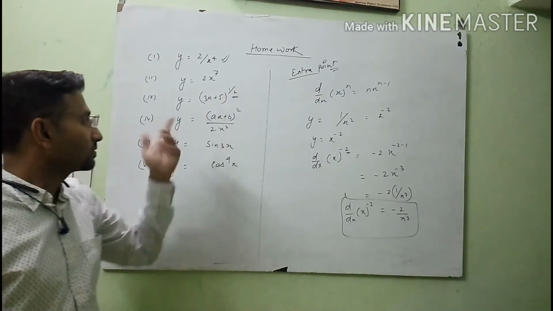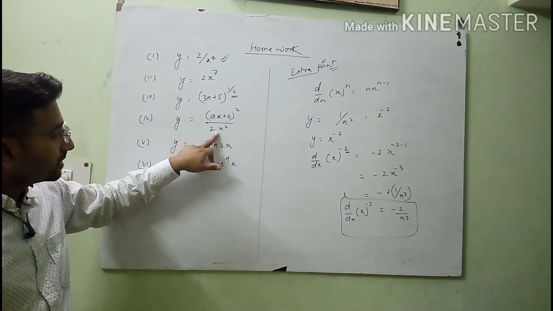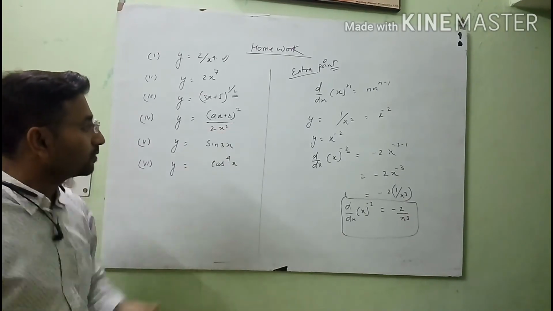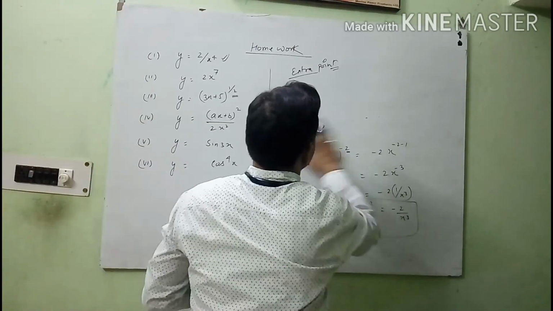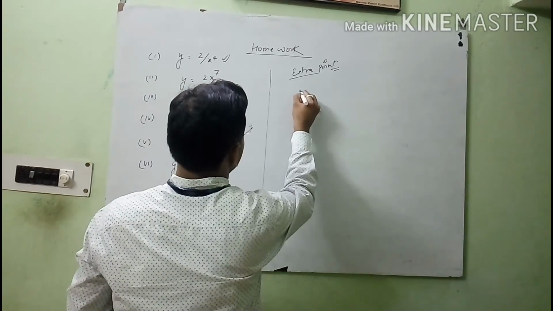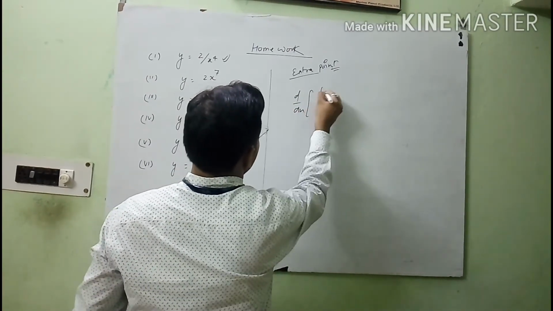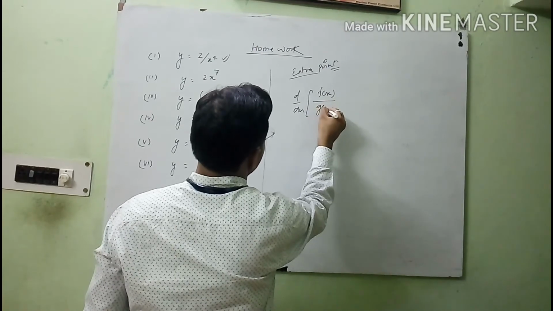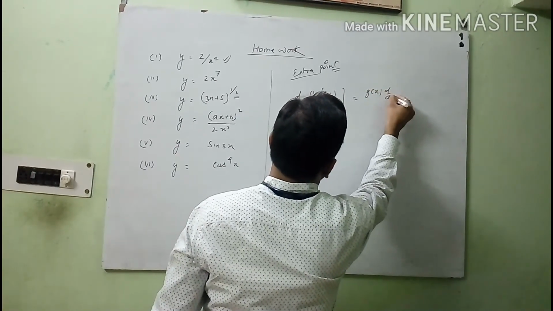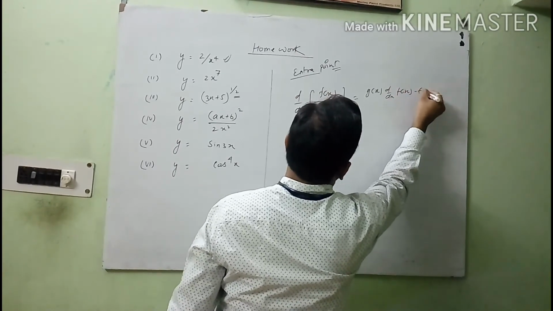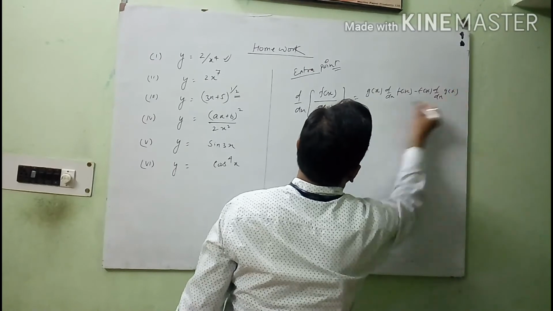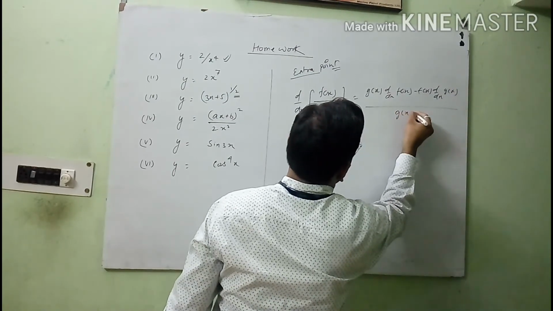After that you can solve this question very easily, and in this question you can use the division formula. You know the division formula: see here, d upon dx of f x over g x. At first you will write the denominator function times the differentiation of the numerator function, minus the numerator function times the derivative of the denominator function, over the square of the denominator function.